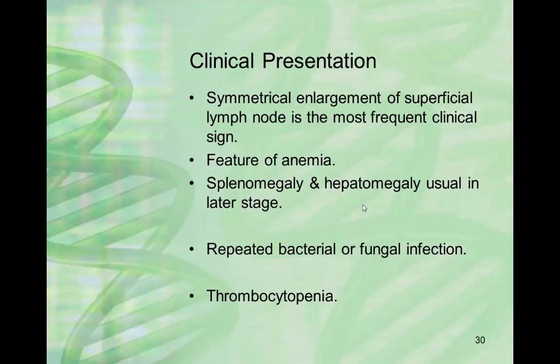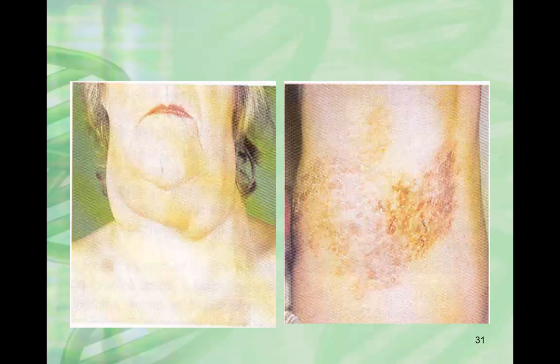As CLL progresses, abnormal hematopoiesis results in anemia, neutropenia, thrombocytopenia, and decreased immunoglobulin production, because remember, it's mainly the B cell, for the production of antibodies. So these patients would have hypogammaglobulinemia and impaired antibody response. So patients would have all the symptoms already mentioned.